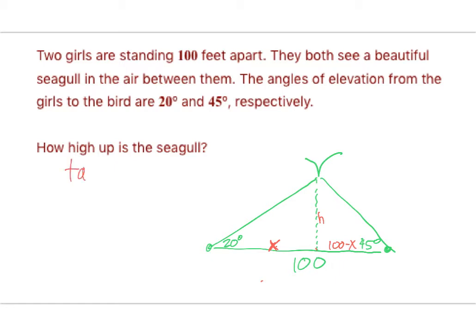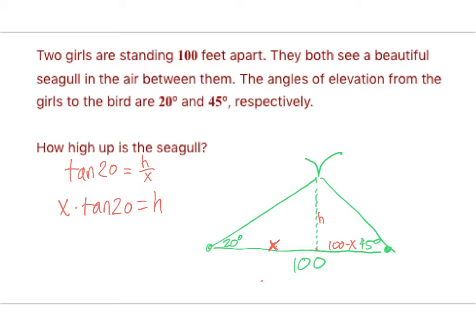And what I can say is that tangent of 20 degrees, this is the left triangle, is equal to h over x. I'm going to get h by itself. That's going to be a little bit easier for us. So we get x times tangent of 20 is equal to h. The reason that's going to be easy for us is we're going to get the same h in the next problem and combine those into one equation.